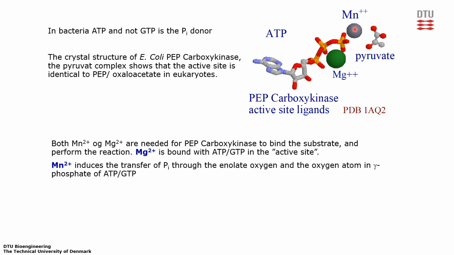If you substitute magnesium up here, you actually get a bigger ion, so it will push the ATP in another direction. And possibly it will have slightly less efficiency if you have two magnesium ions inside the molecule.